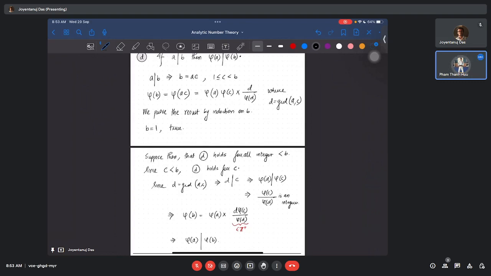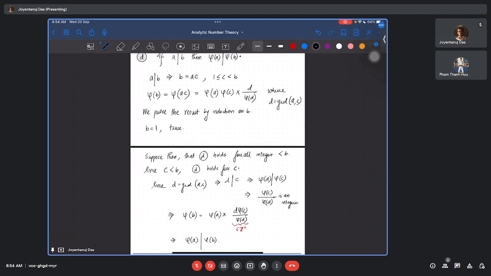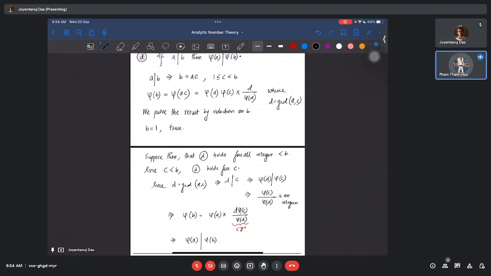So therefore, for C, the GCD of A and C, phi A, here phi D, not phi I, phi D, phi C. Phi C divided by the integer. That's okay.